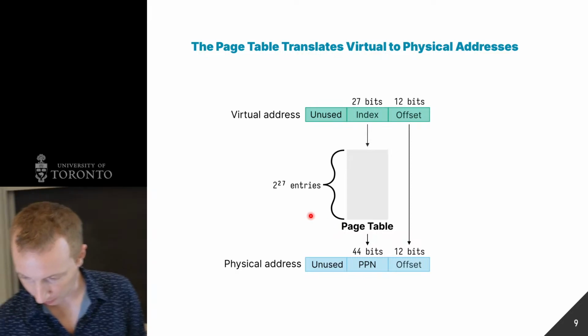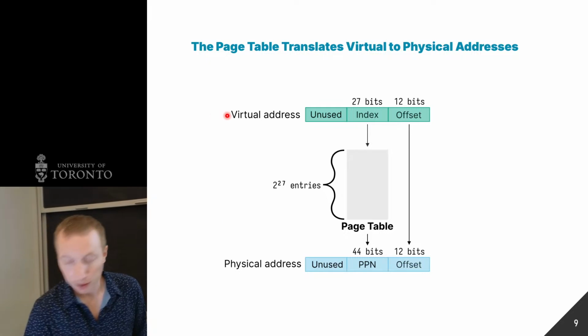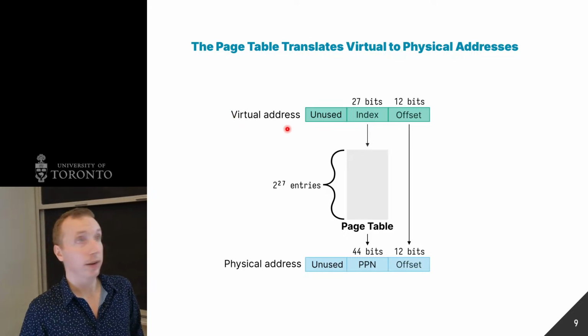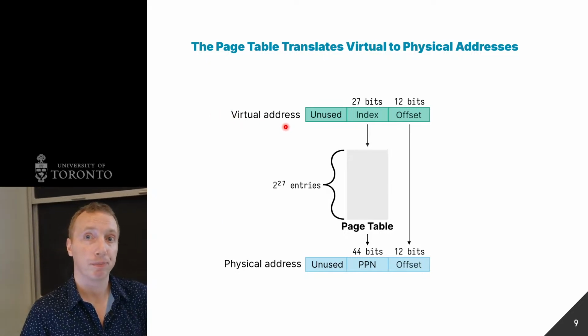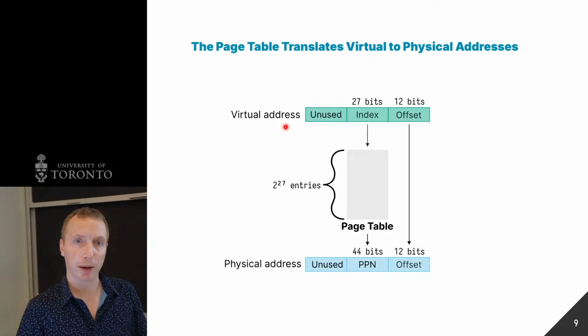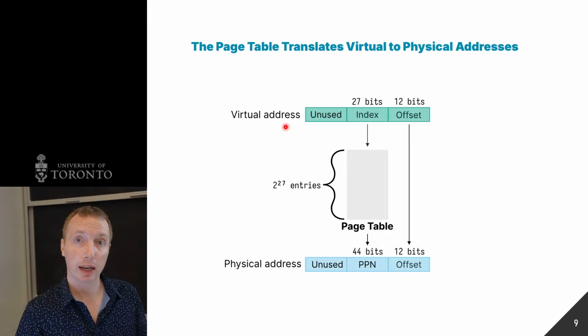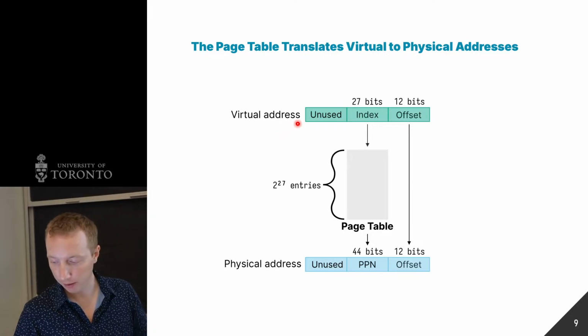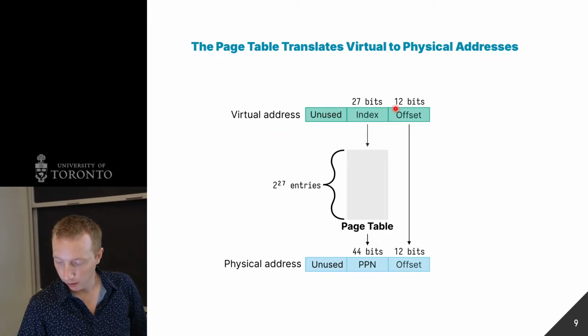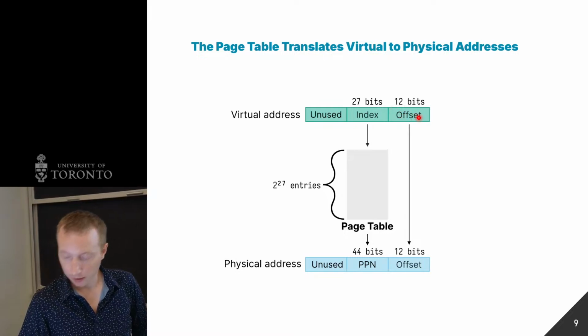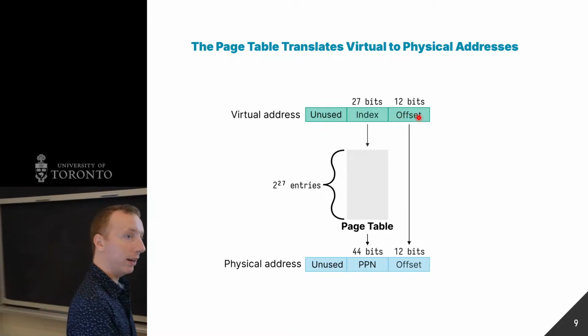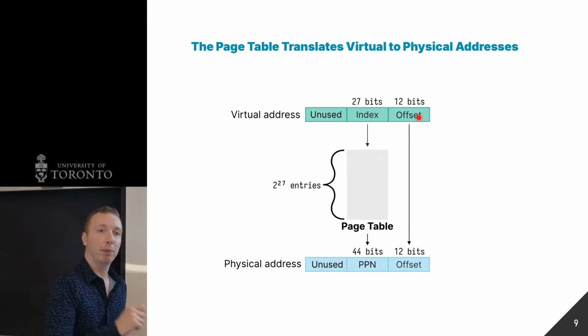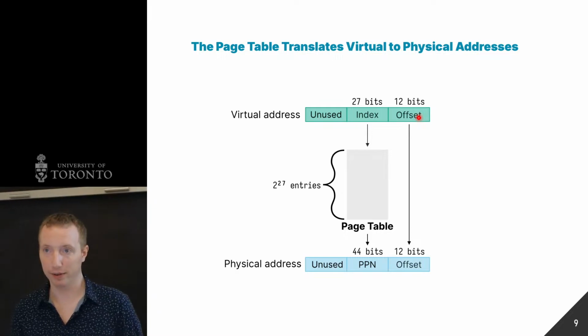All right, so how this works. Let's go through this diagram slowly. Here is our virtual address. We have 64 bits for it, but like we argued before, we're only going to use 39 bits of it. This offset is telling us which byte on a page we want to access.